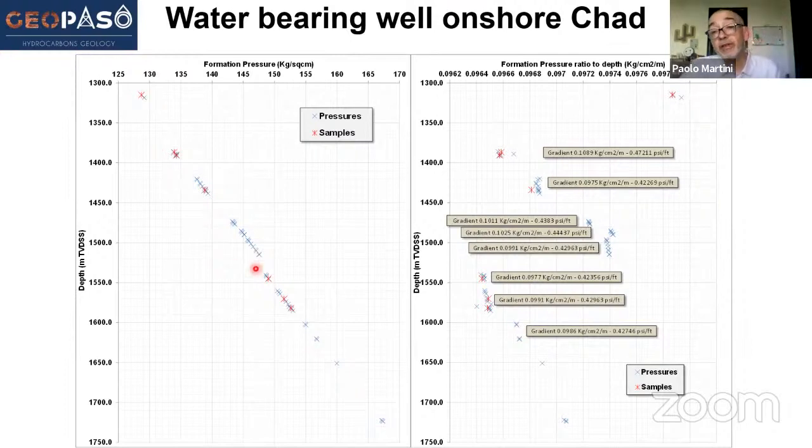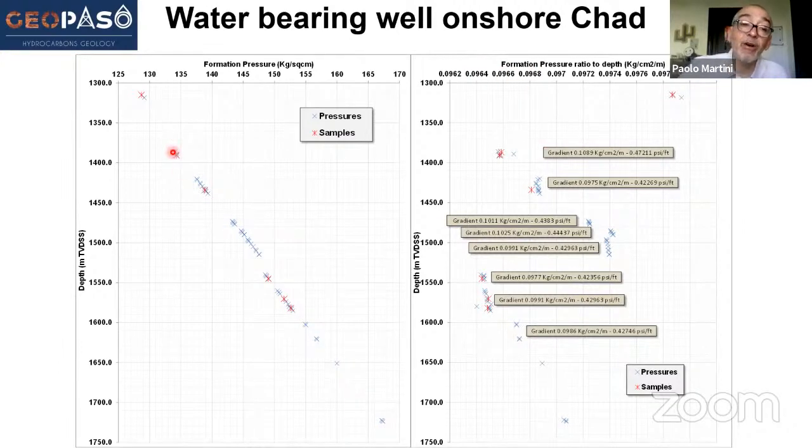But when you do the gradient plots, you realize that basically many of these intervals are separated from each other and they have barriers between them. Now, the gradient that I calculated for each of these intervals is not the value that shows up on the plot.